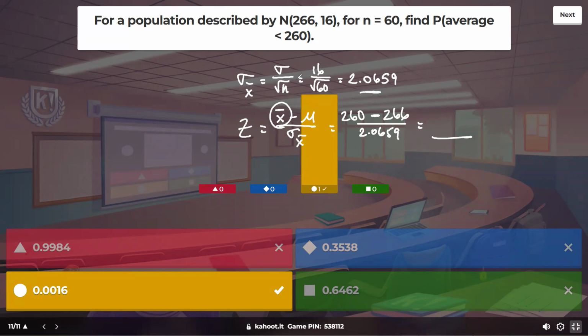So we're going to get a z-value, and I'm seeing a less than here. So do we need to take a look at area to the left or to the right? To the left, yeah.